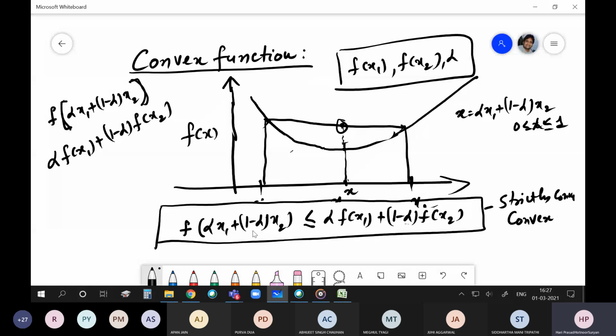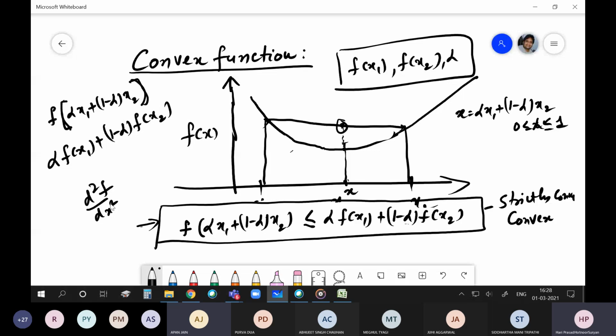What can we say about now the second derivative for such type of functions? What will be the value of d square f by dx square for a convex function? Positive.